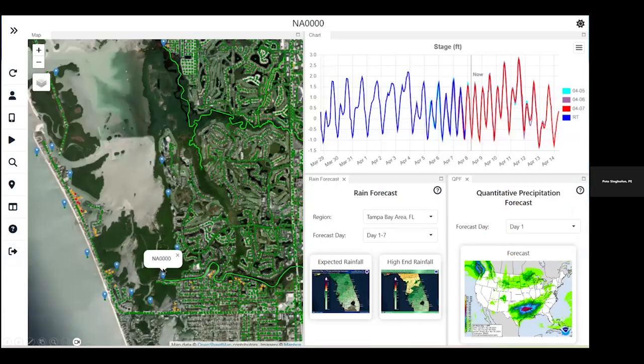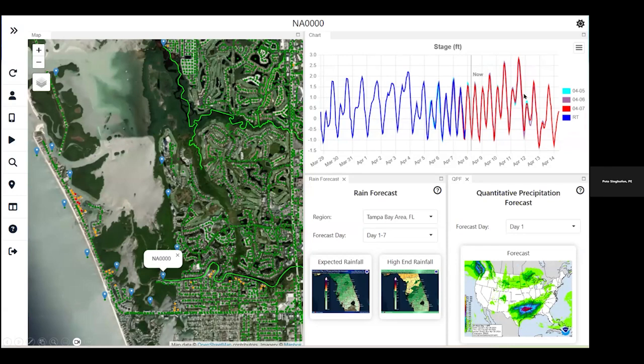And if we look at that in the dashboard and we click on one of these pins, which is one of the coastal nesting points, you can see the blue are the real-time simulations. And then in this case, we have 3 different forecasts, one on April 5th, 6th, and 7th. And when I took this screenshot, this vertical line here is what's happening at the moment.